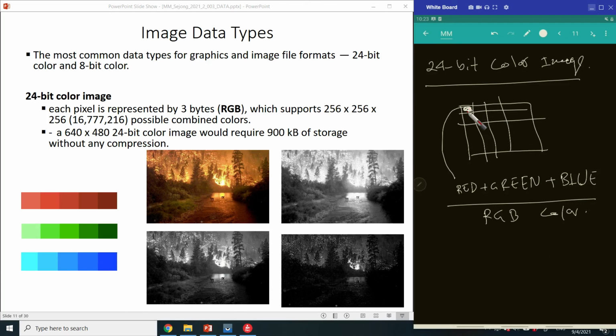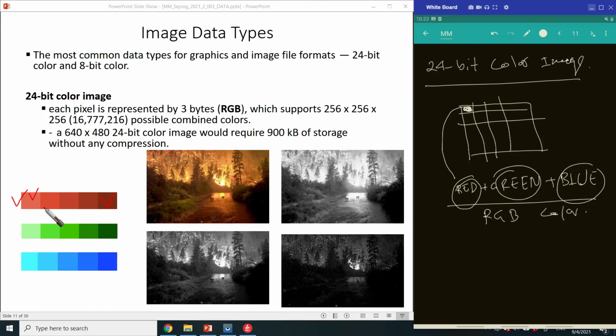To represent each pixel in a color image, we need red information, we also need green information, and we also need blue information. Now definitely if we only consider red, which red do you mean? The red might be whitish, a very light red, or maybe a very dark red.